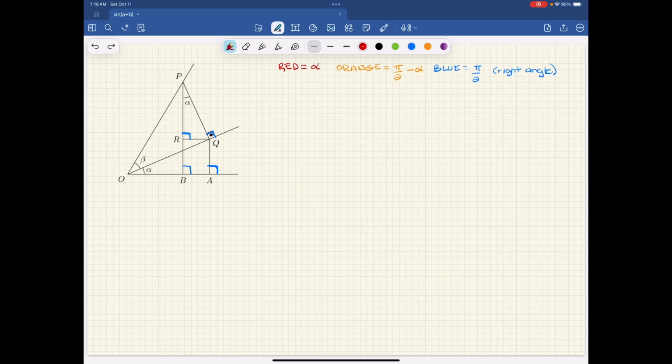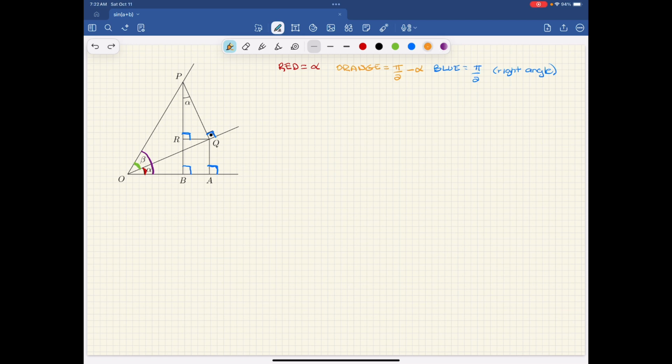Down here we have our angle alpha, which is by definition, and we have our angle beta, which is by definition, and we're going to be looking ultimately for the sine of this angle here, which is alpha plus beta.